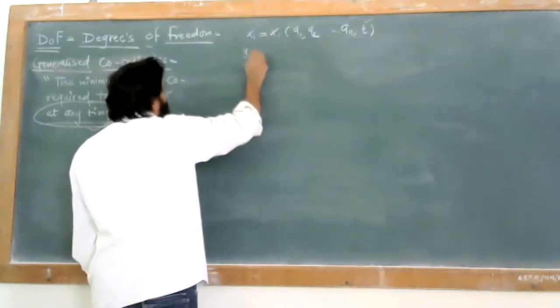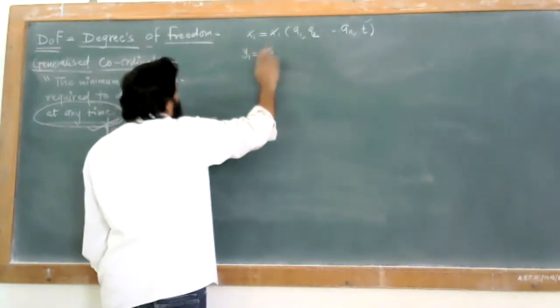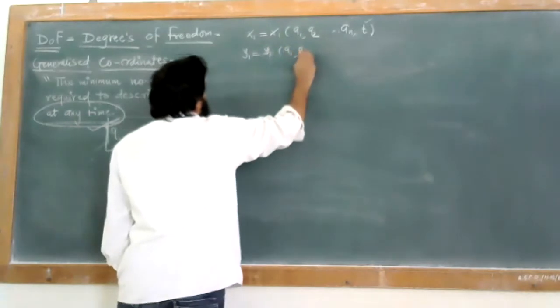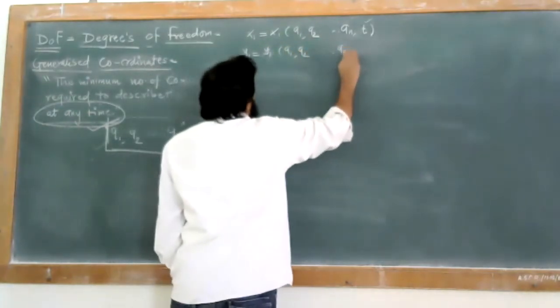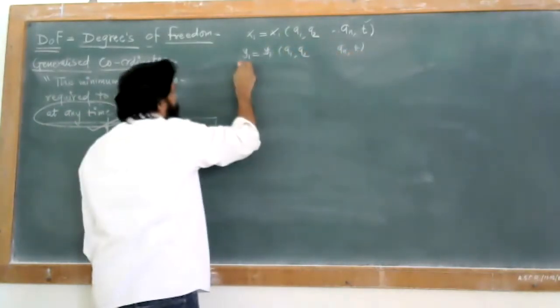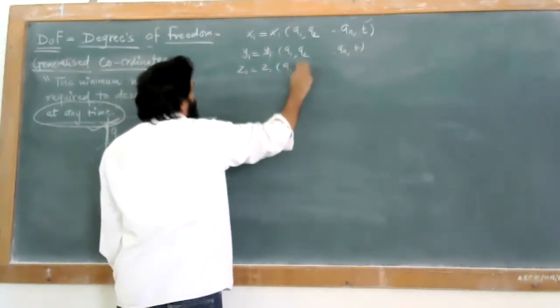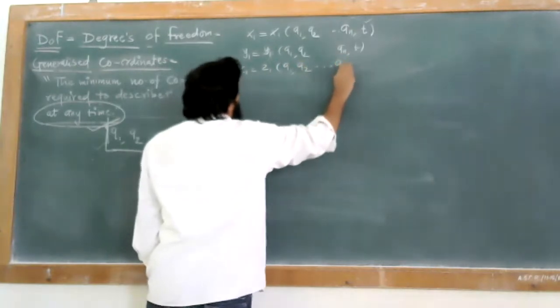You just say y1 is equal to y1 of q1, q2 up to qn, t, or you can just say z1 is equal to z1 of q1, q2 up to qn, t.